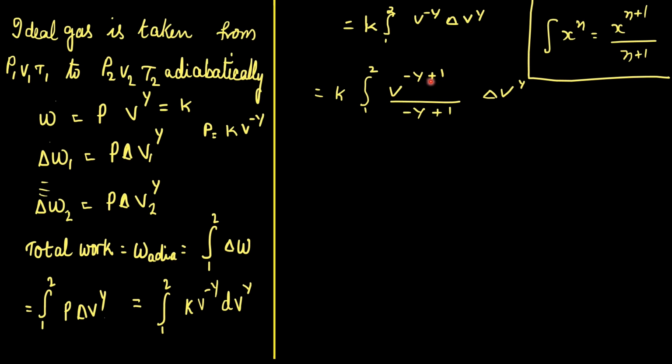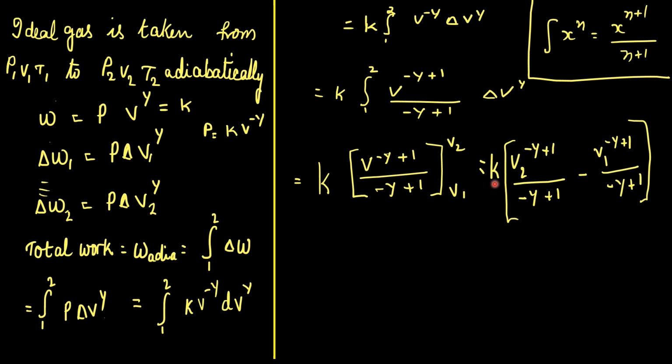V raised to negative gamma plus 1 by negative gamma plus 1 into delta V raised to gamma, which is equal to k V raised to negative gamma plus 1 by negative gamma plus 1, the whole from V1 to V2. This is for delta V. This is equal to k V2 raised to negative gamma plus 1 divided by negative gamma plus 1 minus V1 raised to negative gamma plus 1 divided by negative gamma plus 1.